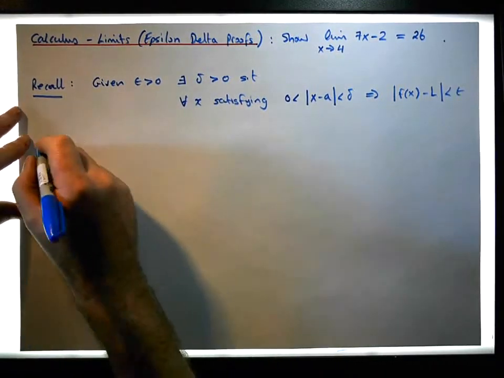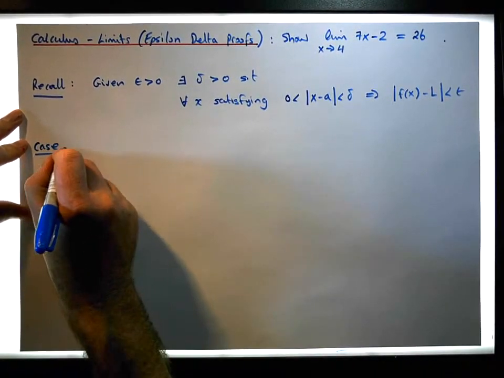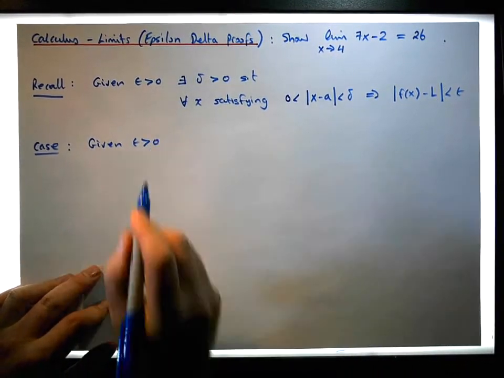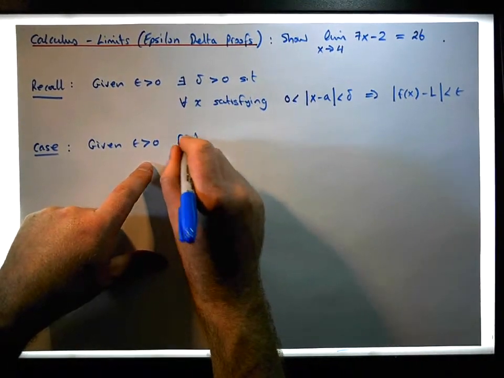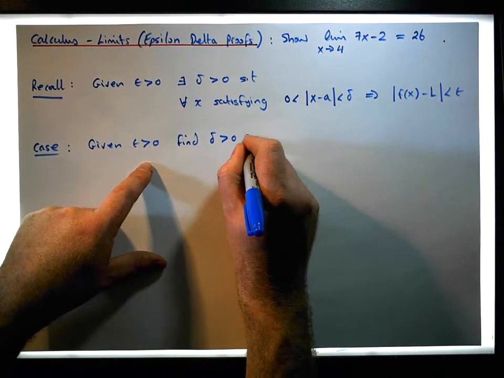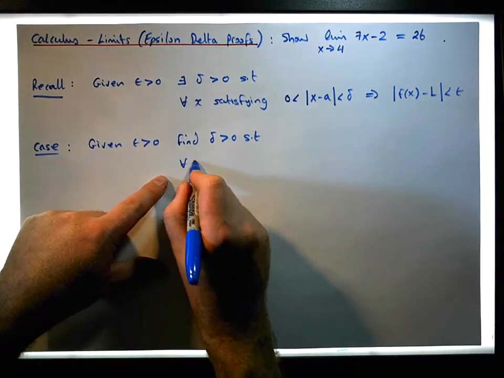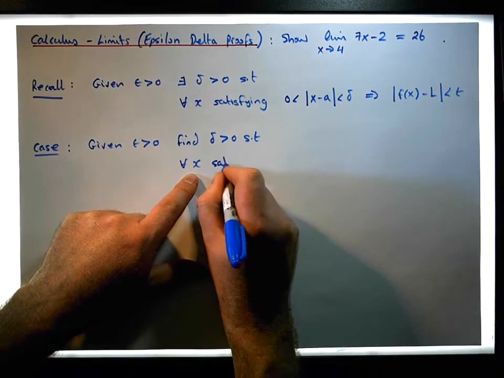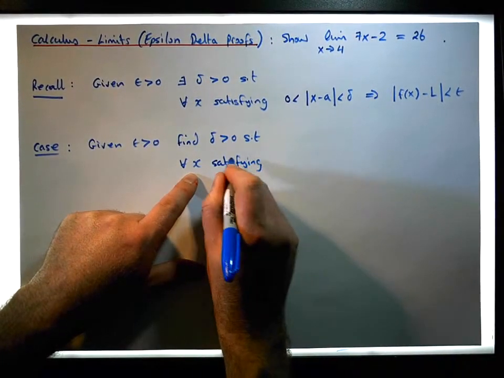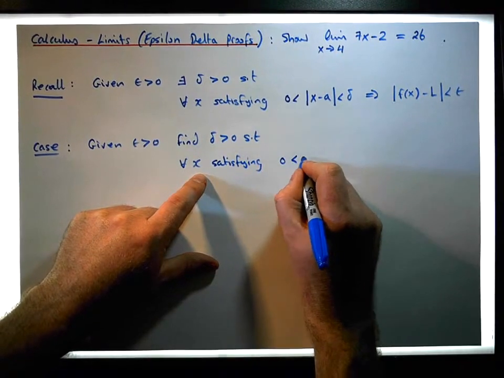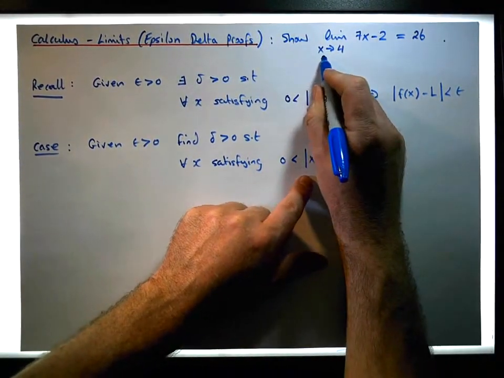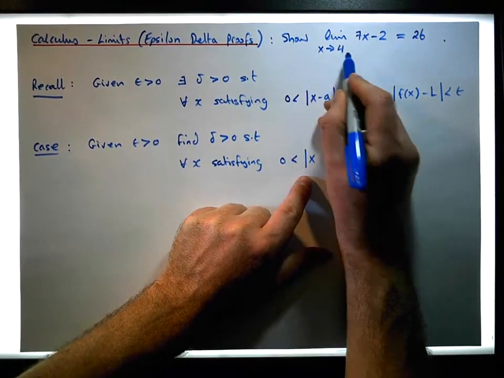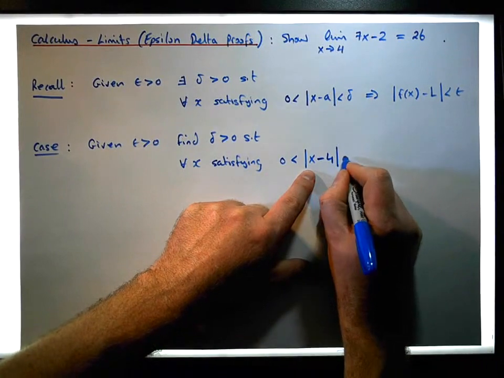So in our case, if we're given any epsilon greater than 0, we need to find a delta greater than 0, such that for each and every x satisfying 0 is less than the absolute value of x minus a, where x is tending to 4, so x minus 4 has to be less than delta.